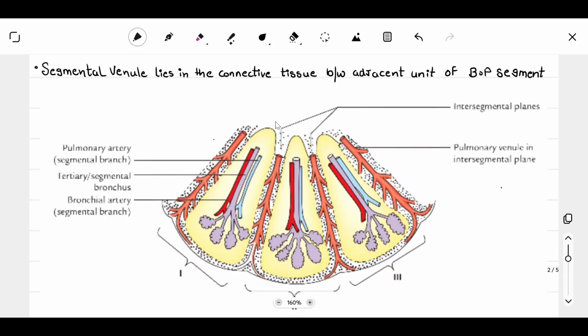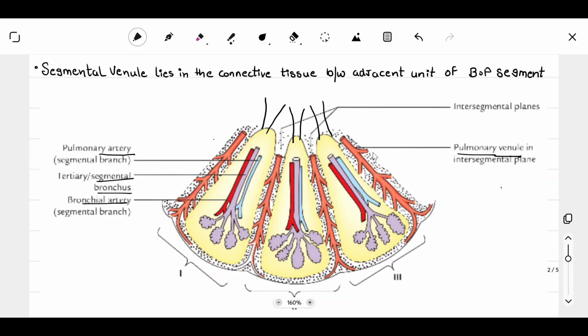Its apex is directed towards the bronchus. Suppose this is a bronchus, here another bronchus. So these are the segments which are connected to each other, and each segment has its own arterial supply and segmental bronchus, bronchial artery and pulmonary venule.